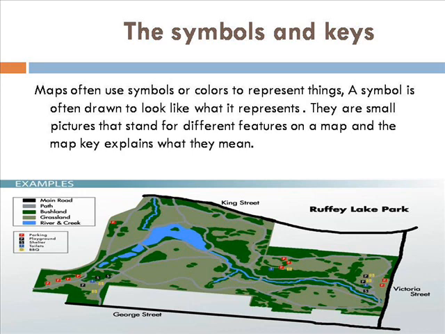The green color on the map is showing bushland, and the light green is showing grassland, and the last is blue, which is a representation of river and creek. So with the help of these symbols, we have a very clear picture of what things and places are available on a map.